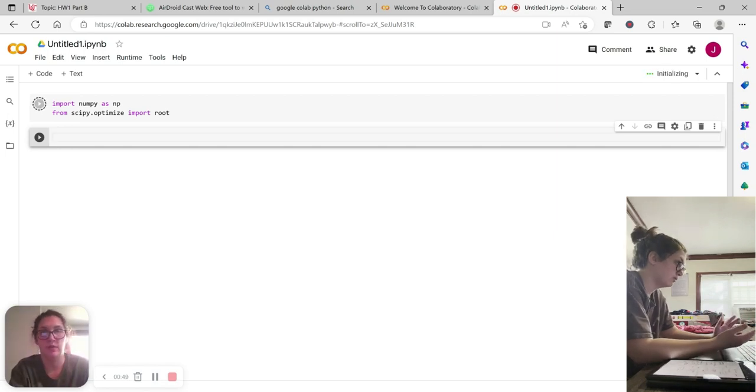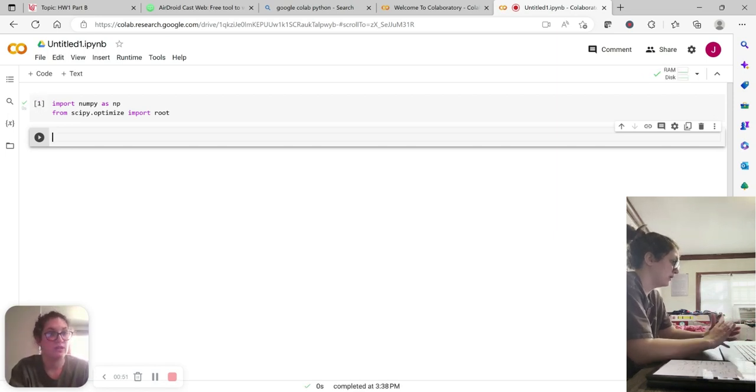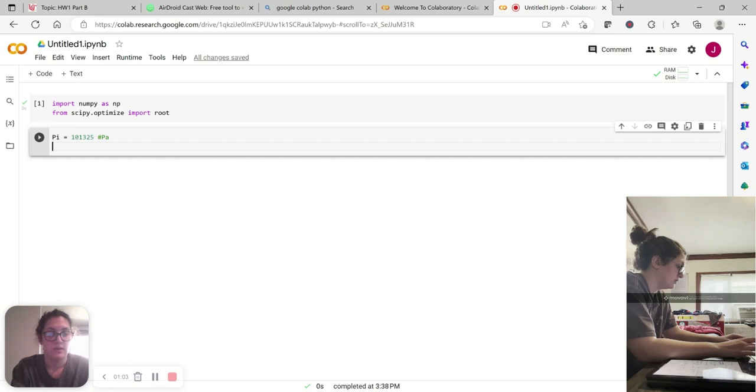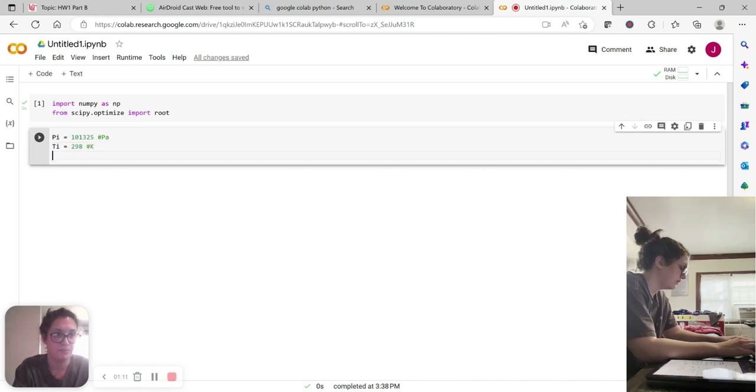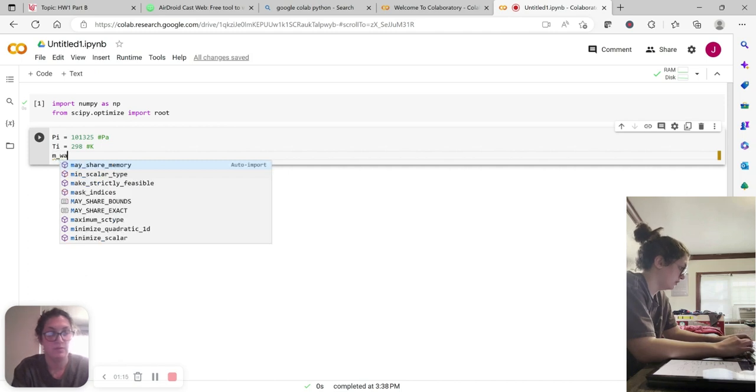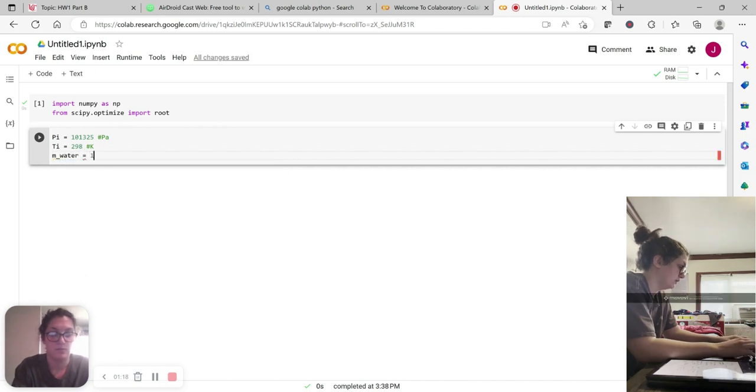Next, I'm going to take all the parameters from B1 and set them up here. So first we have the initial pressure, which is 101,325 pascals. And we had the initial temperature, which was 298 degrees Kelvin. We were given the mass of the water at 1 kilogram.